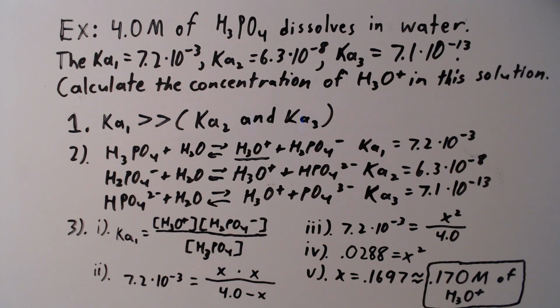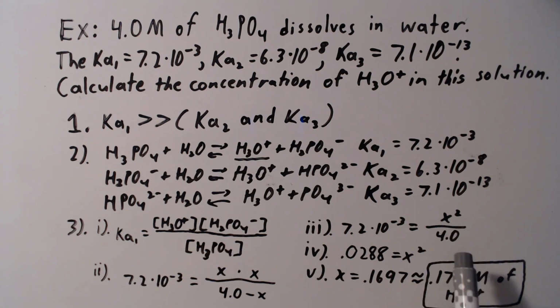However, due to our small number assumption, the approximation, we know that the 4 molar initial concentration of the H3PO4 is more than 100 times greater than the 7.2 times 10 to the negative third Ka value for this. Therefore, we can ignore this minus X on the bottom and take it out, and our equation becomes 7.2 times 10 to the negative third equals X squared over 4.